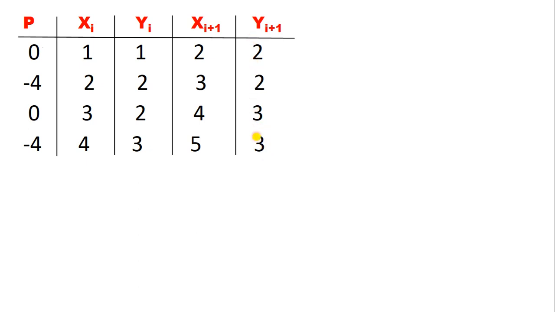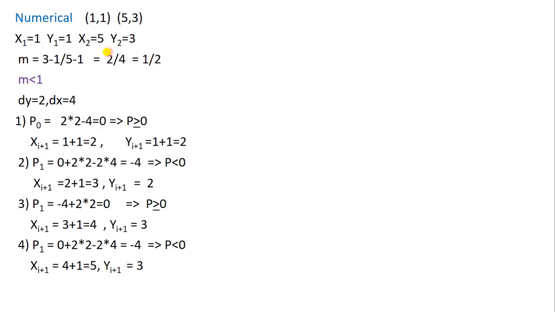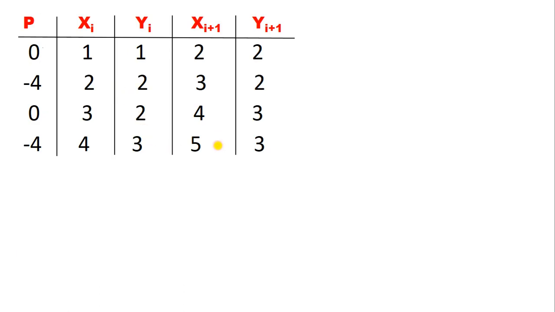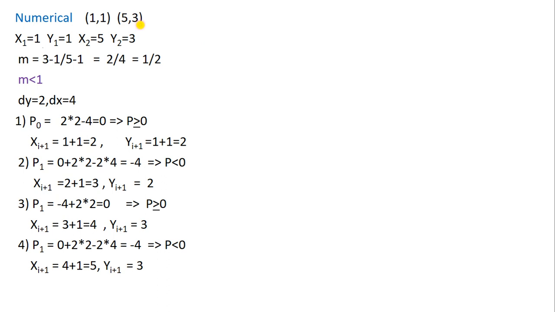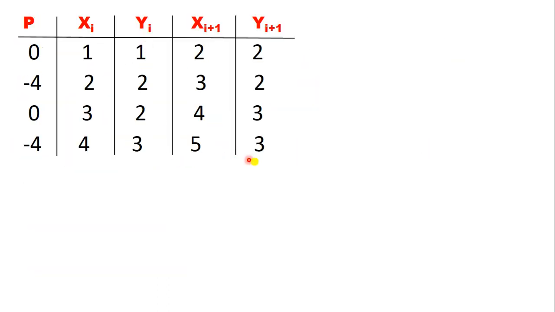Why we stop: we started from 1 comma 1, the first x and y values, and the result we have got is 5 comma 3. So this is the first point and this is the last point. Using this method we have got the answer 5 comma 3. I hope you have got this.